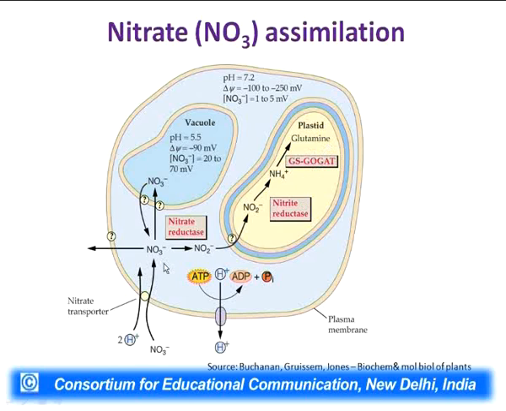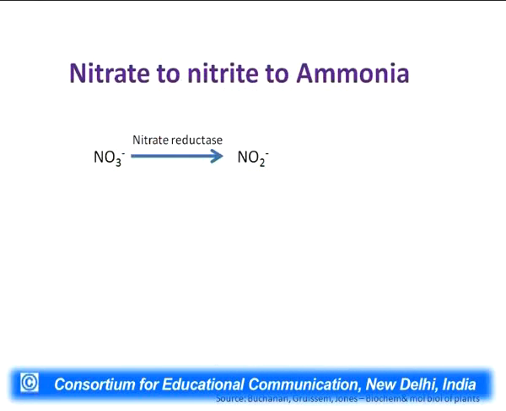Now, if this nitrate is not required by the plant immediately, it will go to the vacuole and be stored there until it is required, then it will come out again. So, these are the simpler steps for nitrate assimilation.